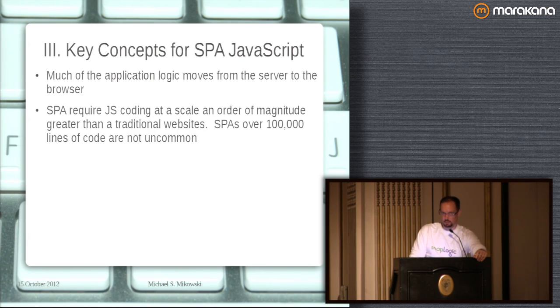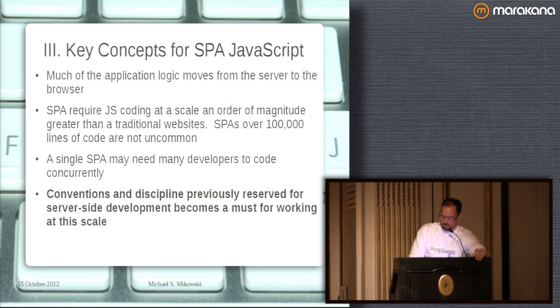If you hit 100,000 lines in JavaScript, you're not alone. There's a lot of sites nowadays that are hitting that amount or even greater. And also, since most of your application is moving to the front end, instead of having one front end developer or maybe two and 8 back end developers, you're having 1 or 2 back end developers and 8 front end developers.